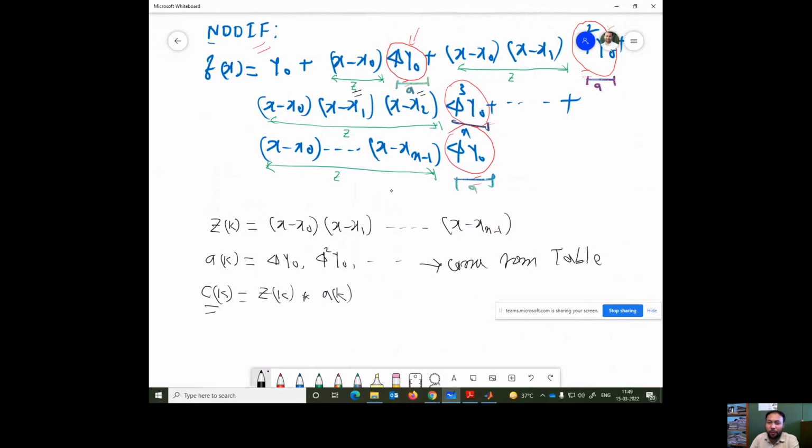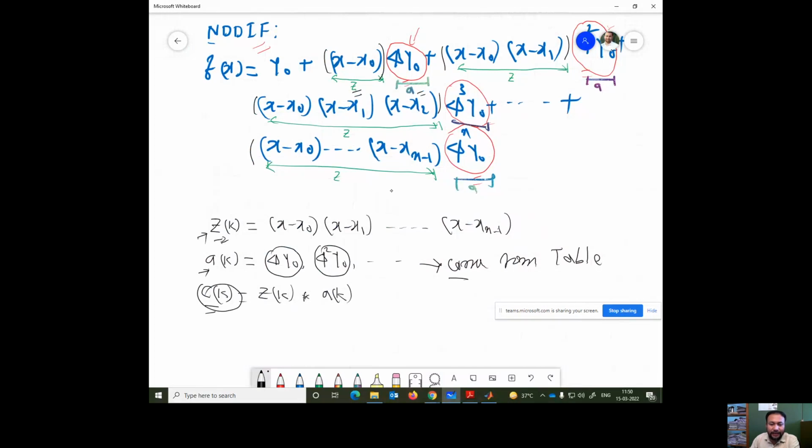Suppose this is c1, this is c2, c3, c4, c5. It means I have to first find out all these values which are defined by z. And what is a? a is the variable that takes its value from the table.